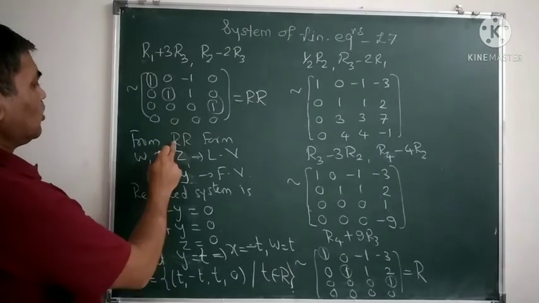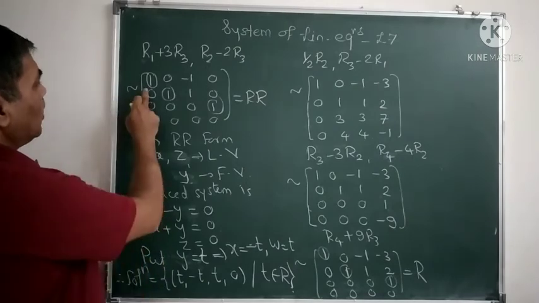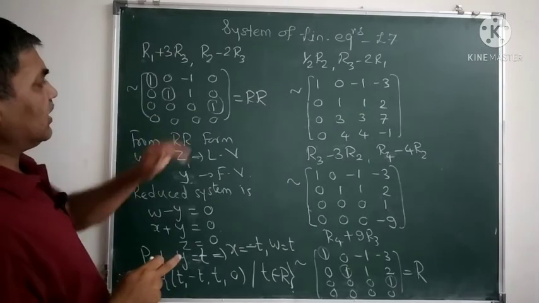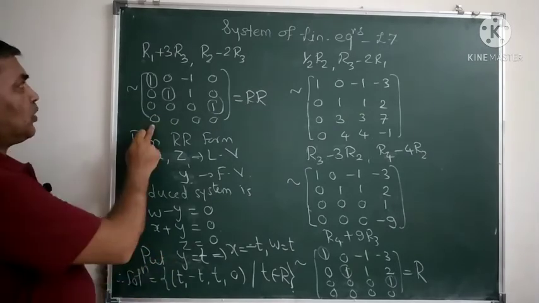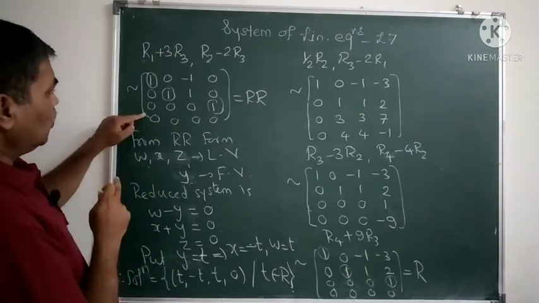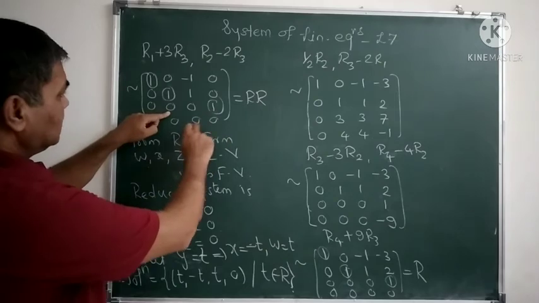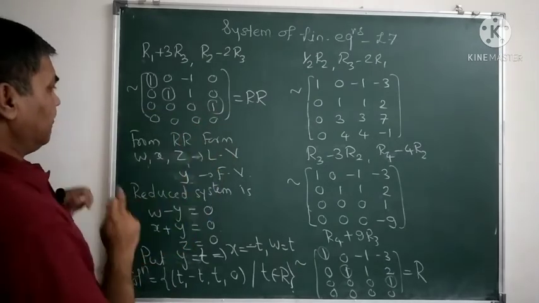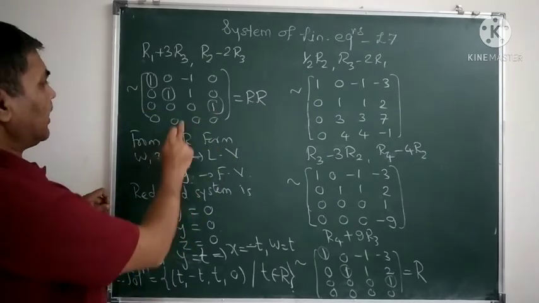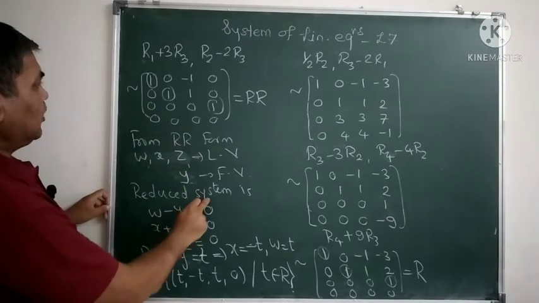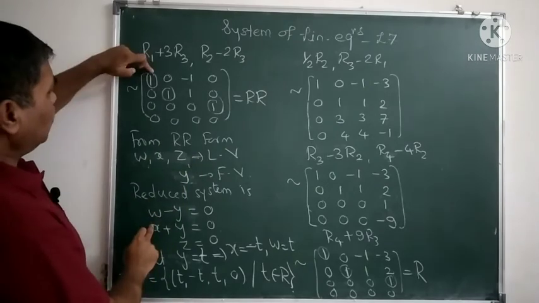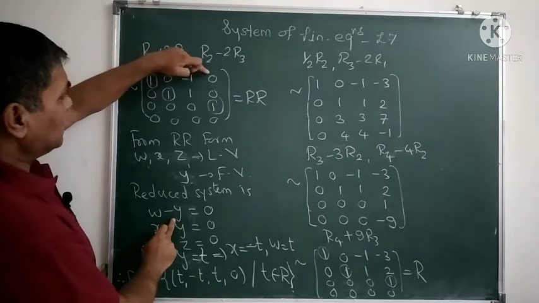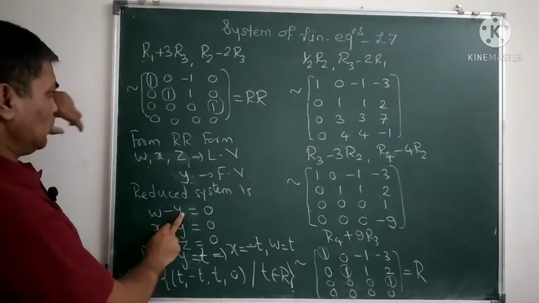So from this row reduced echelon form, columns first, second and fourth contain leading ones. Therefore the corresponding variables w, x, z are leading variables, and the remaining variable y is a free variable. The reduced system is w plus 0x minus y plus 0z, so w minus y is 0.